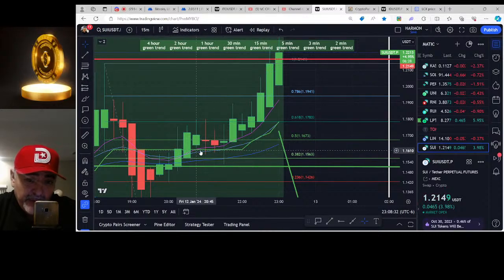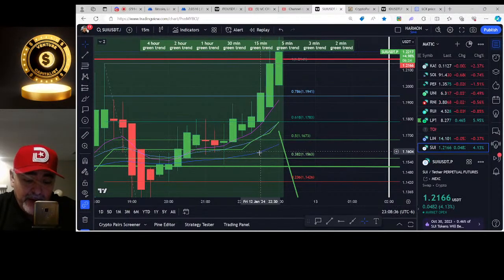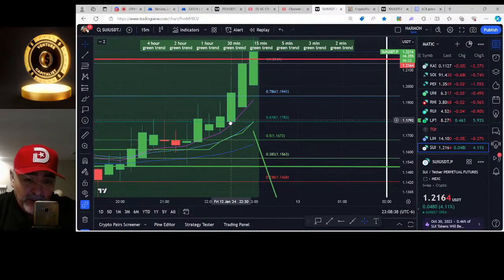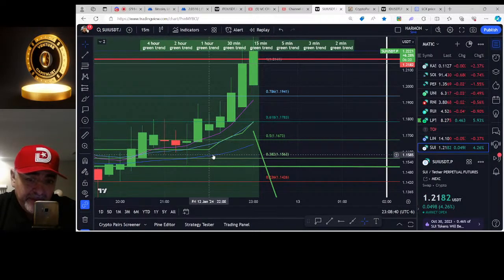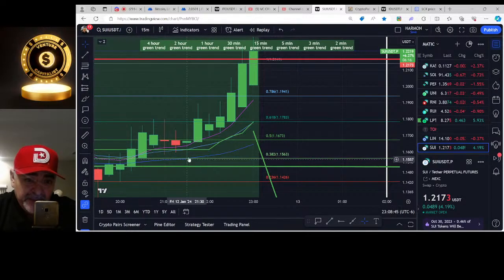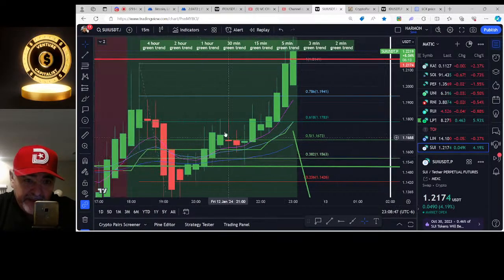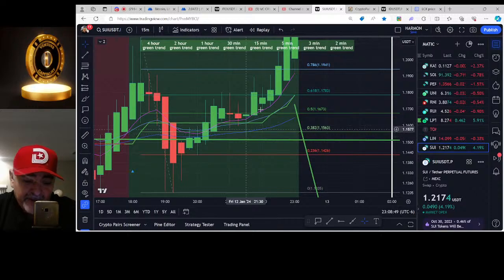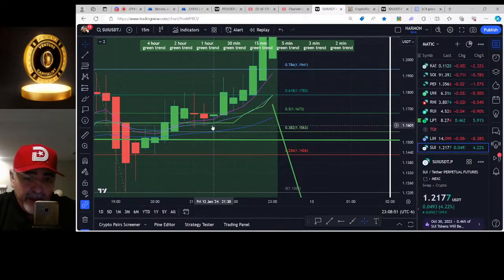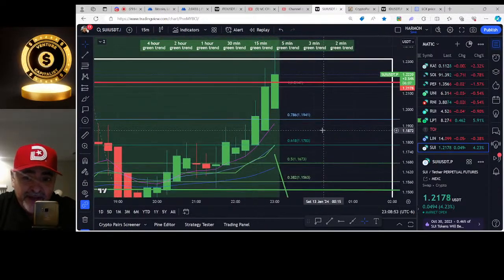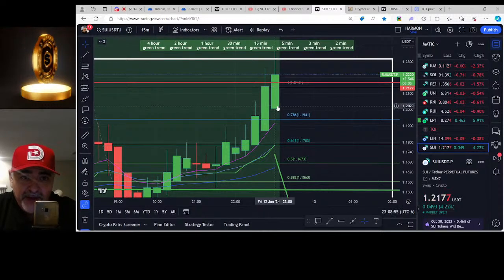The other one is the 20, and normally when it breaks below the 20, that means you're in a bearish move, and that's also true. And then the blue is going to be the 50 moving average, which is normally where it will touch before it runs, and you can see right there it did touch the 50 moving average before it went on its run. So that all held true to the understanding of how these EMAs would work there.